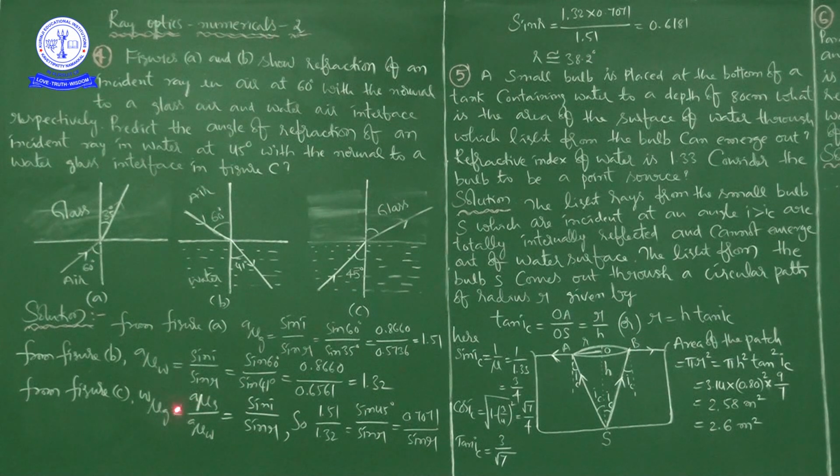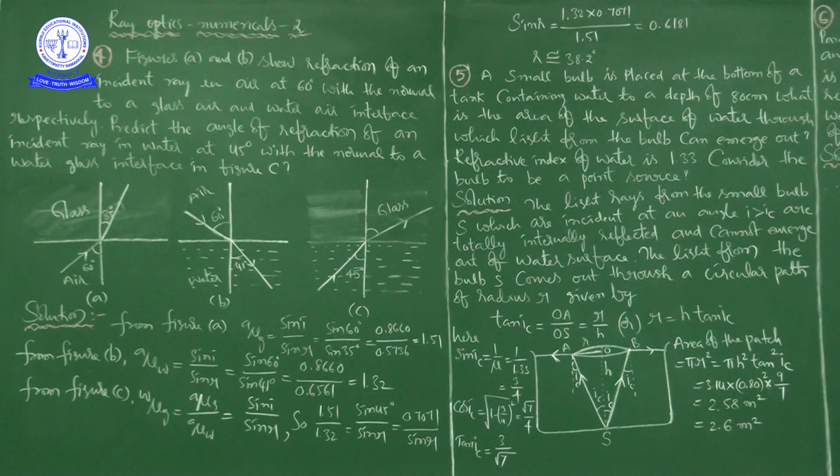Our intention is not to find wμg, our intention is to find r. So the procedure is the same, but in place of wμg we write aμg by aμw, that is equal to sin i by sin r, and substituting the given values, finally you can find r is approximately equal to 38.2 degrees, right?